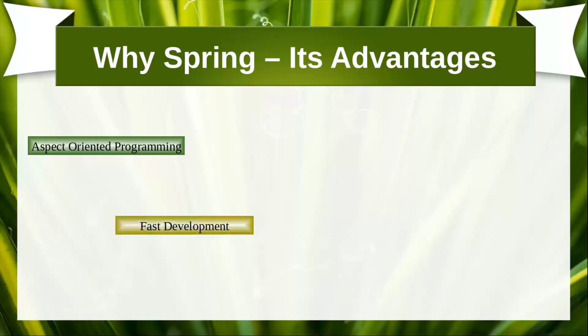Now we'll come to fast development. Using the Spring framework, we can develop applications at a faster rate, because the required APIs and templates and abstraction are all provided. So you don't need to write too much code. So faster development of applications happens. Now powerful abstraction.